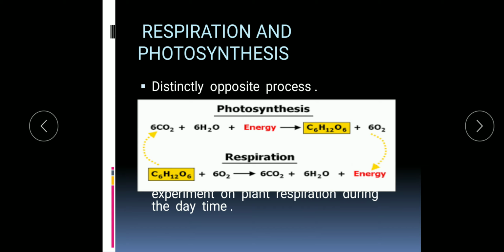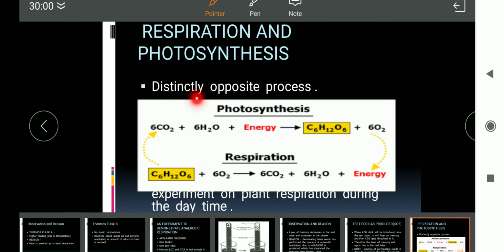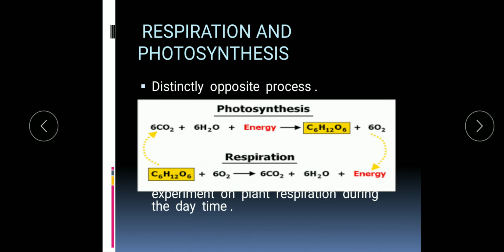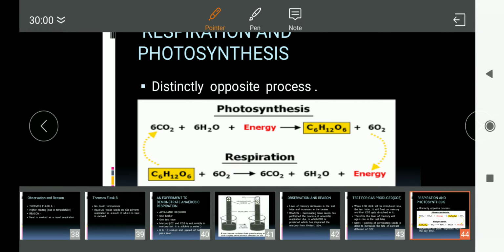Simply write that these two processes are distinctly opposite, because the product of one process is the requirement for the other process. That is why we cannot perform the experiments related to respiration in plants during the daytime.